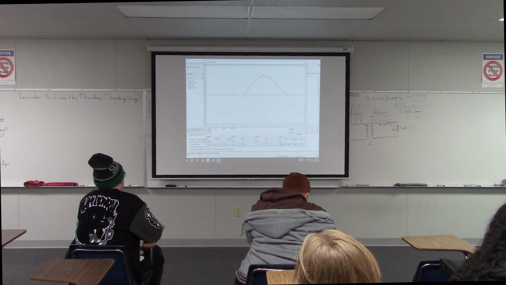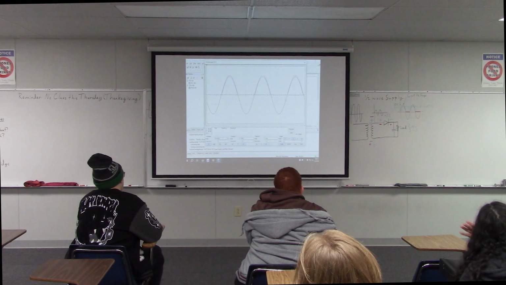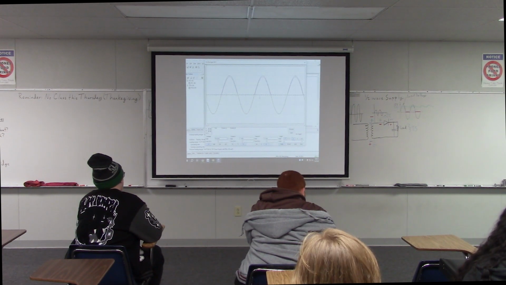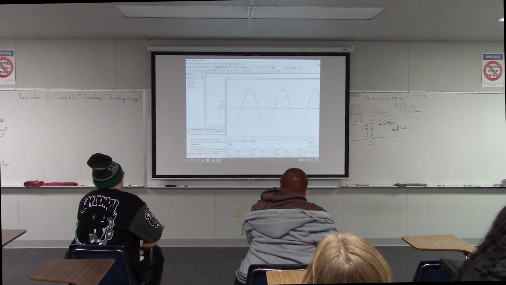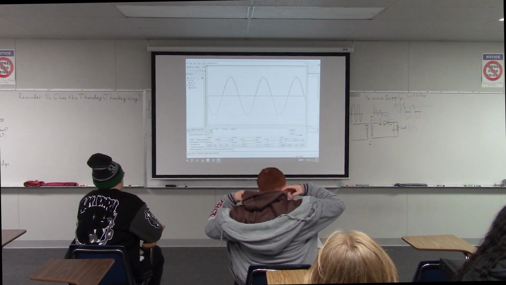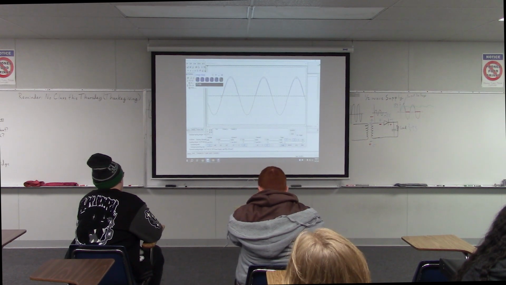We want to have at least 2 full periods of the signal on the screen. So we could make it something like that. And then when we're happy with that, we can stop our simulation and go back to the lab book.